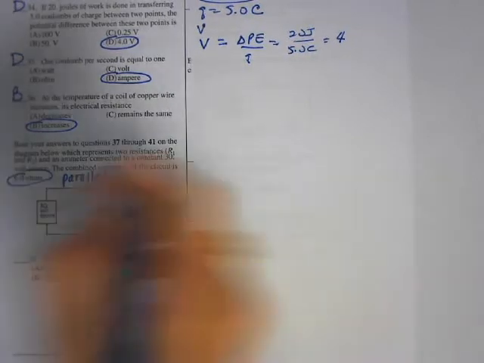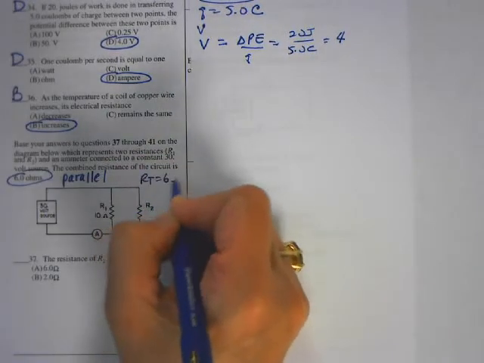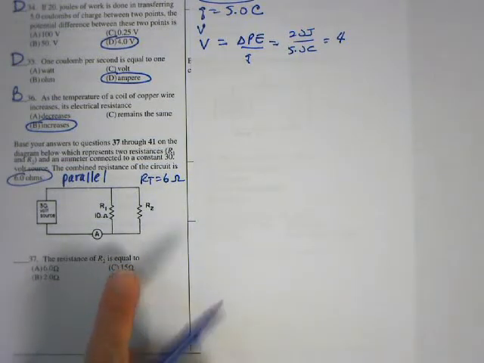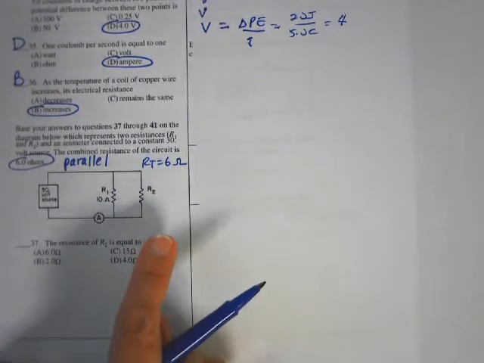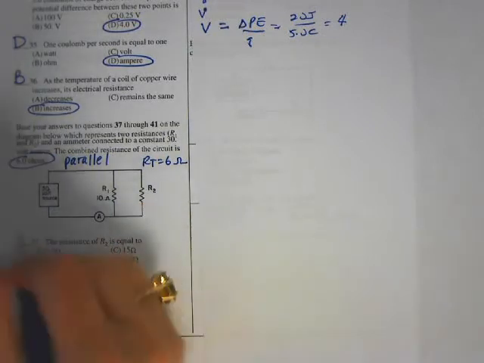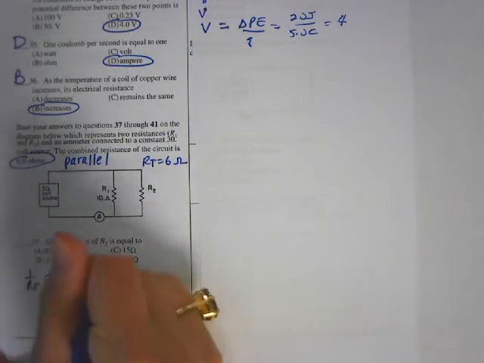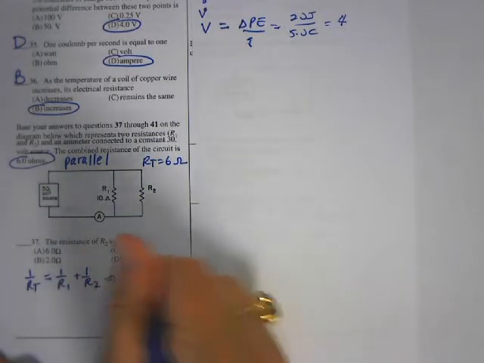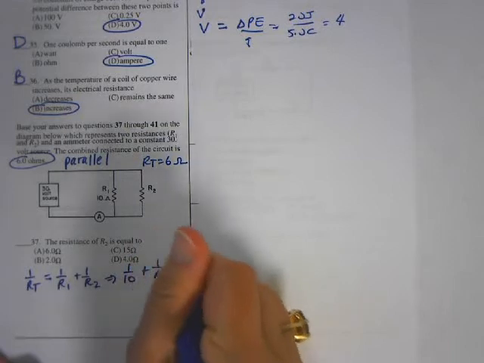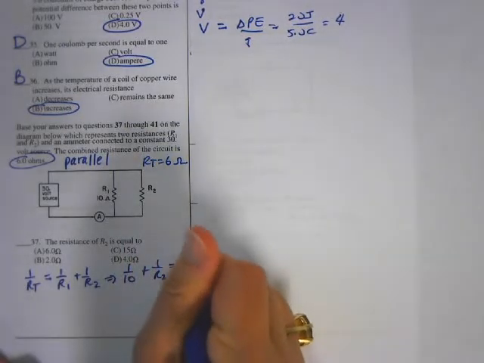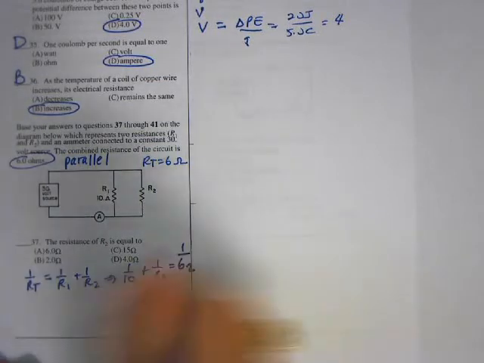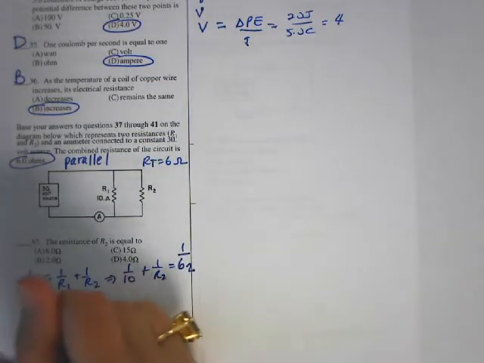They also tell us when you read it that the combined resistance is 6, so RT is equal to 6. It says R2 is equal to... So they gave us RT, but they didn't give us R2. So I'm going to write 1 over RT is equal to 1 over R1 plus 1 over R2. But now I want to find R2. So 1 over 6 is equal to 1 over 10 plus 1 over R2.